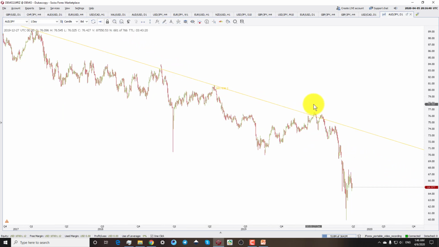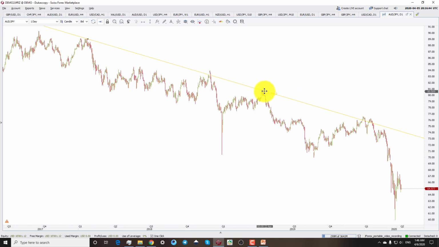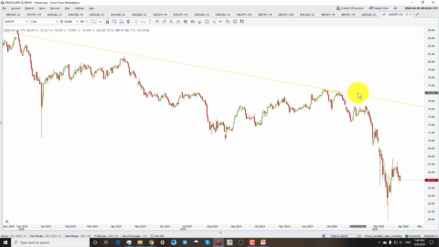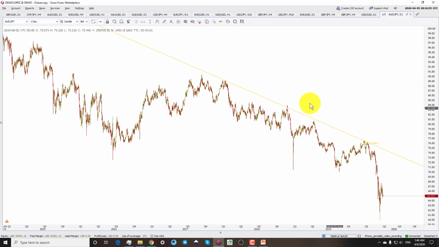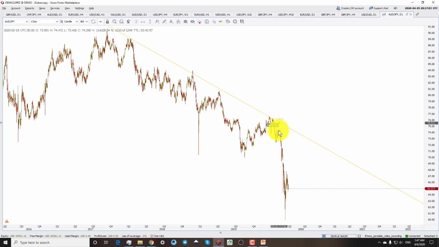You see, I have used these 2 points here. This is also considered a retest, I will tell you why. And these are the trend lines. You see this downtrend line behaved in a very good manner and pushed the price much lower than we were expecting.